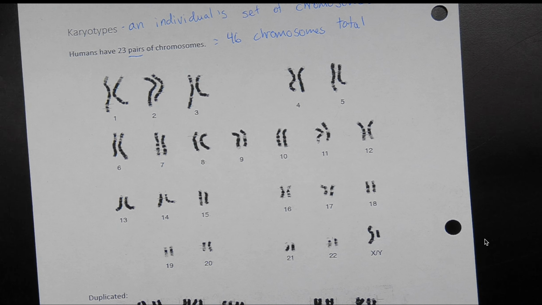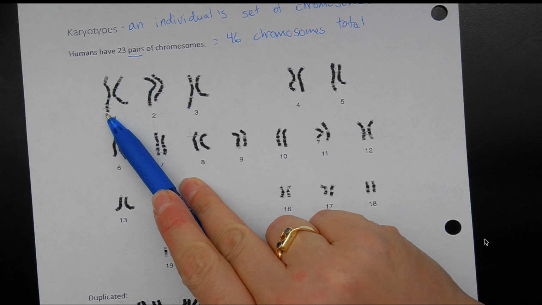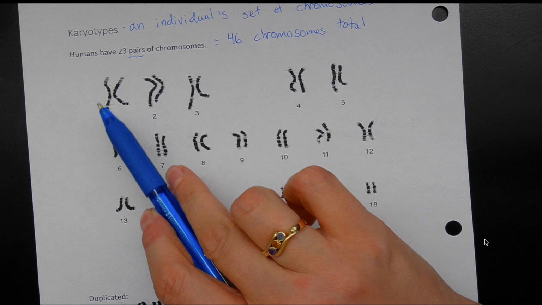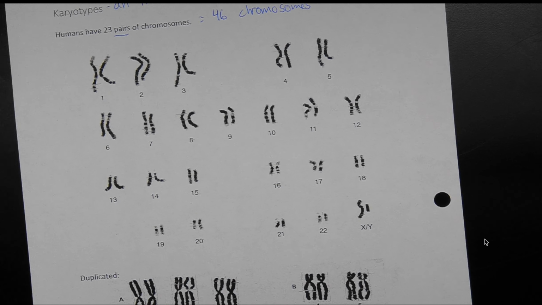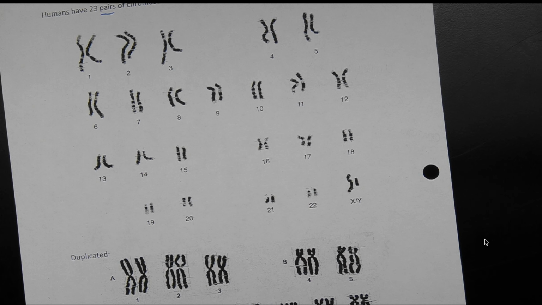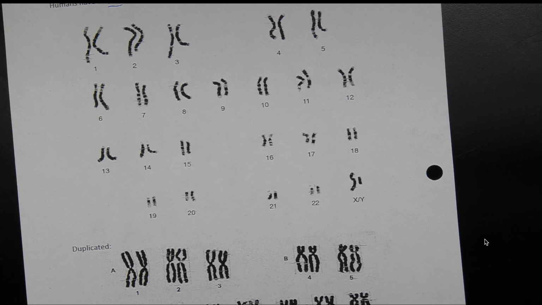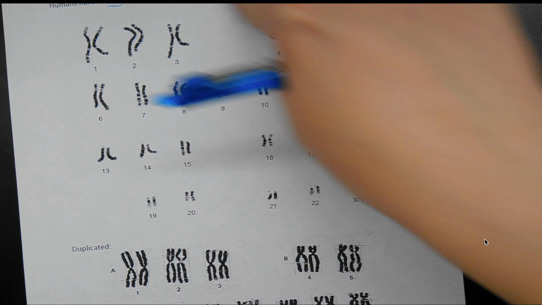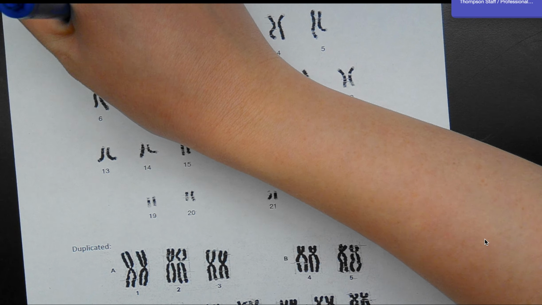Okay, so we each have 2 copies of chromosome 1. One comes from our biological mom, one comes from our biological dad. Okay, so 2 copies of 1, 2 copies of 2, 2 copies of 3, all the way down to 22. And then we have a special set of chromosomes, which is made up of X's and Y's. That's called our sex chromosomes. Okay, so up here, this top half of the page represents unreplicated chromosomes.